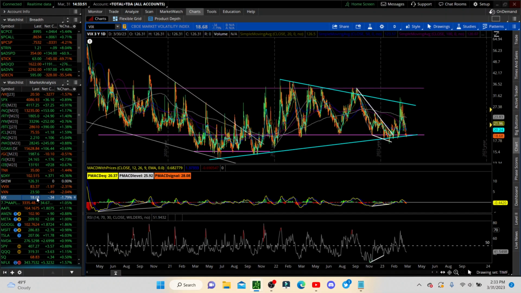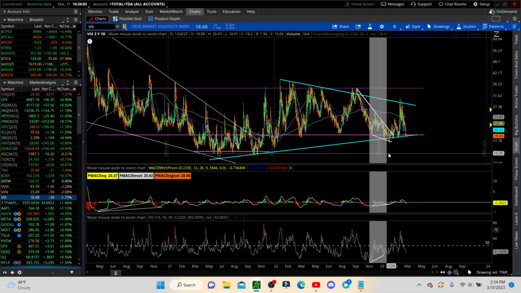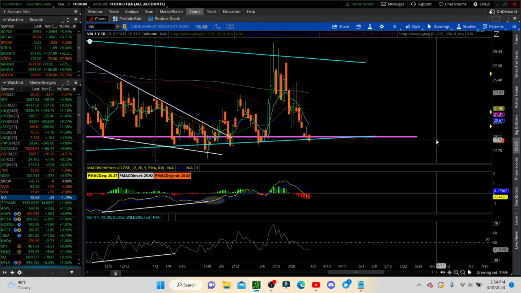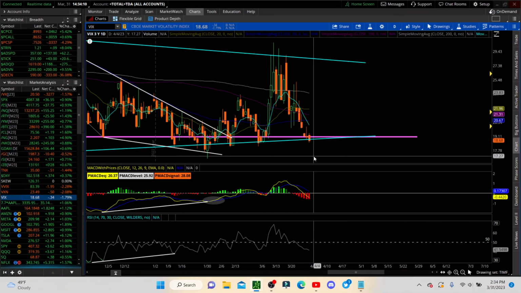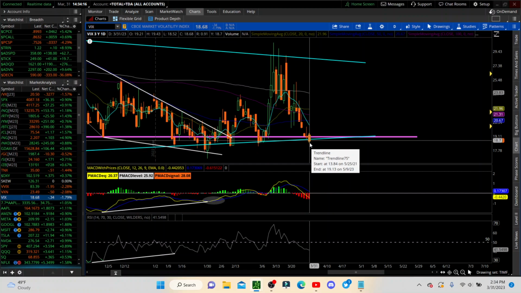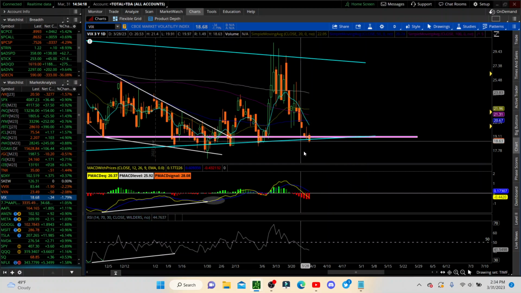And this is a big one for me. This is huge. This is the triangle that we've been talking about for a long time, that it acted as a launch pad. Again, I'm going to highly stress that if this market is to continue to the upside and make a bull market, continue on for months and months, this has to lose these levels.